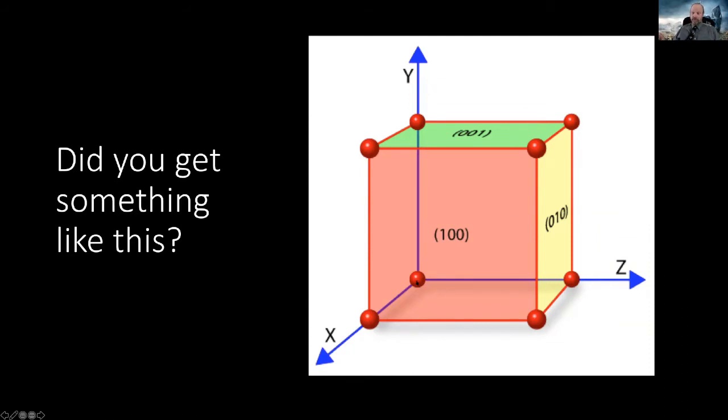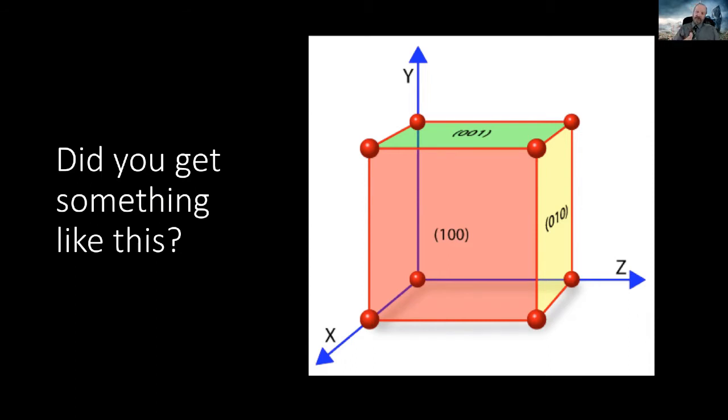So the way you show what directions there are in a crystal is you look at it in terms of a Cartesian coordinate system. If I take one step from the origin in the direction of X, and no steps in Y, and no steps in Z, I've just gone in the 1, 0, 0 direction.